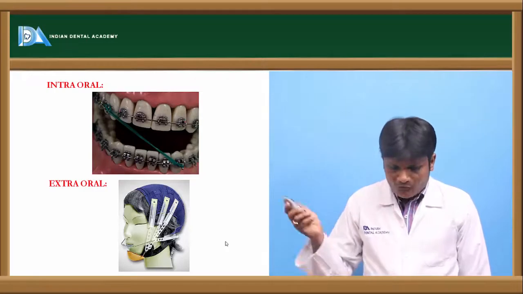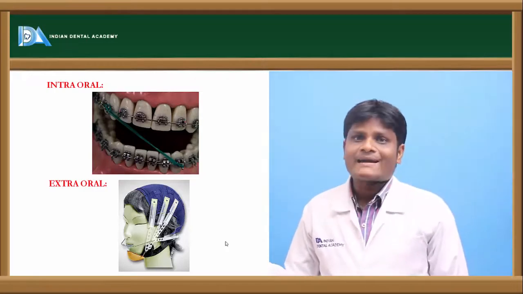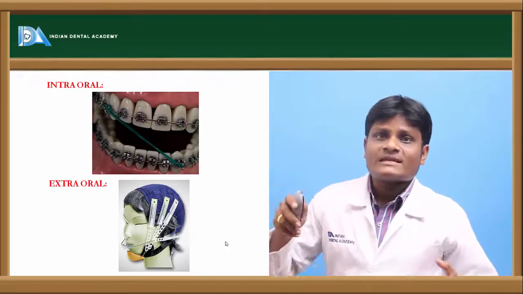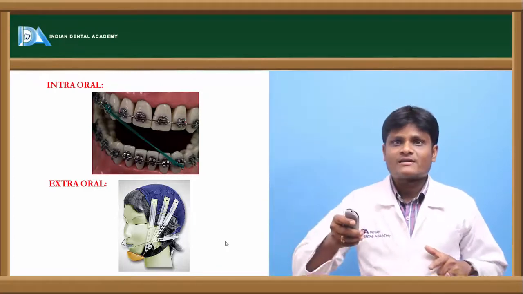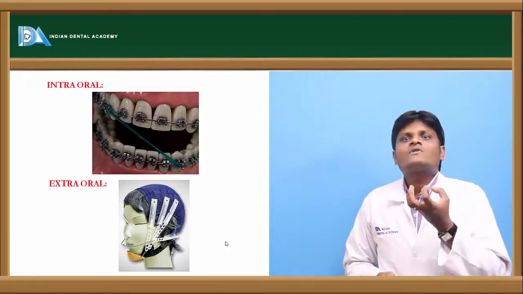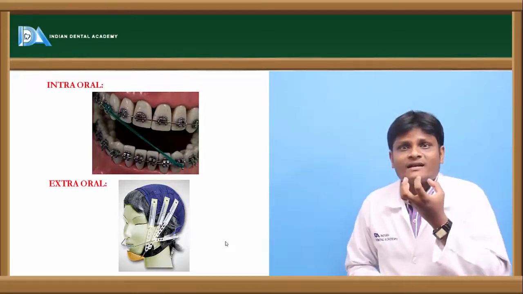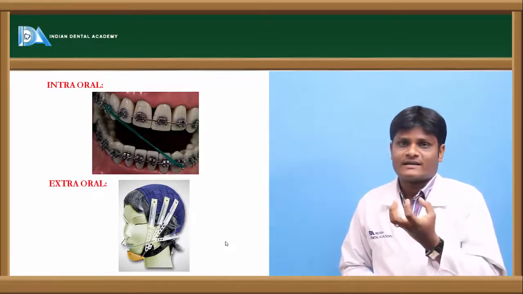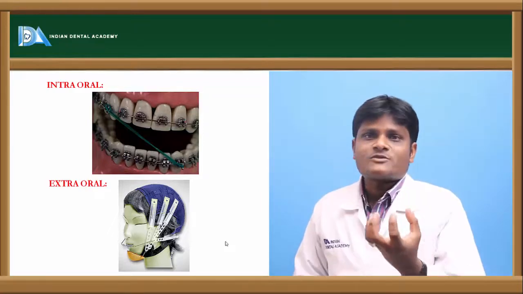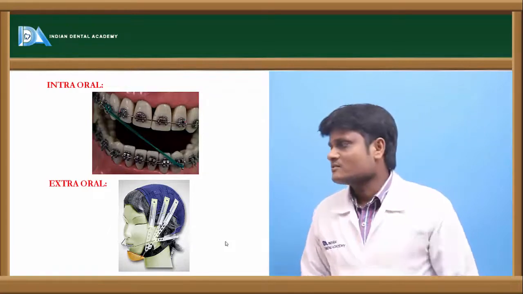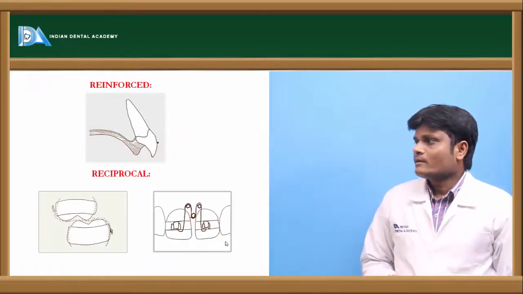Now, when these extraoral anchorage systems are used in combination with the intraoral anchorage systems, then this is called a reinforced anchorage. That means a reinforced anchorage has two anchorage sites, whereas a normal anchorage has only one anchorage site. Just remember and note it down.